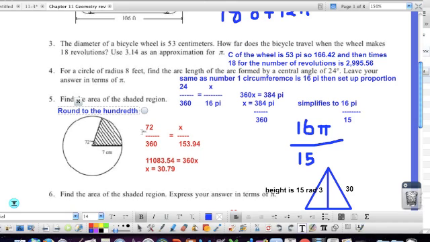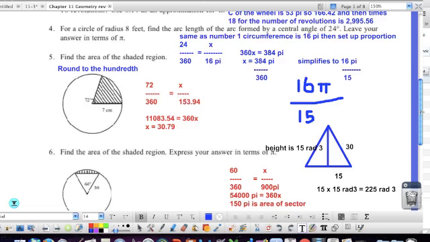We're going to use the pi button, and we get 153.94. 72 times 153.94 is 11,083.54. That's going to equal 360x, and x is equal to 30.79.